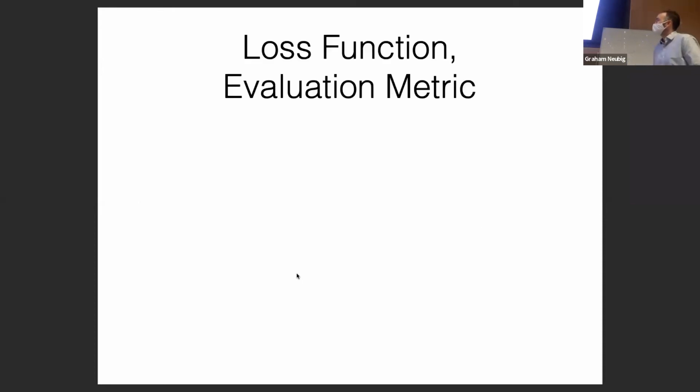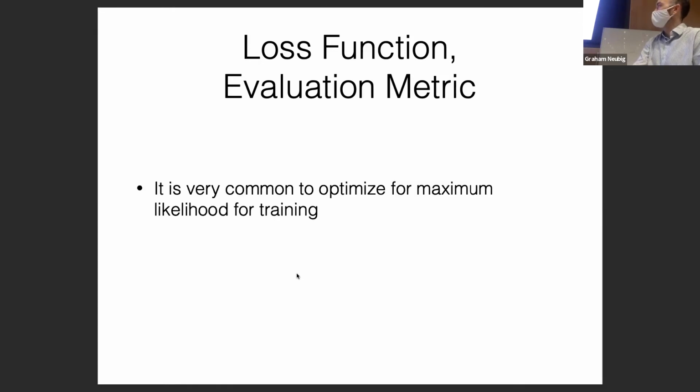The reason why this is an issue is that we will almost always have a loss function, and then we'll have an evaluation metric, and the loss function and the evaluation metric will be different. So it's very common to optimize for maximum likelihood during training. So you try to maximize the log probability of the correct output given the input.